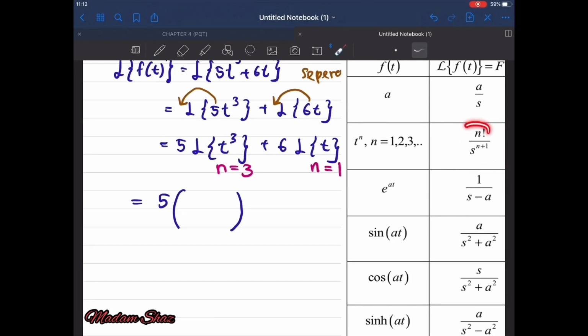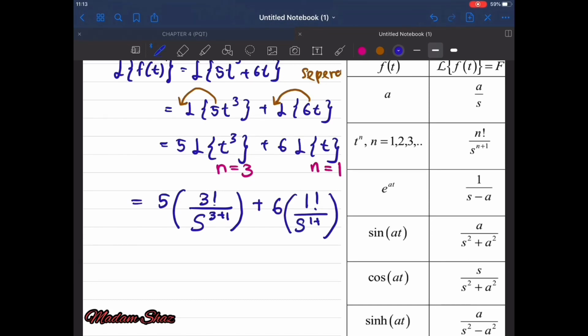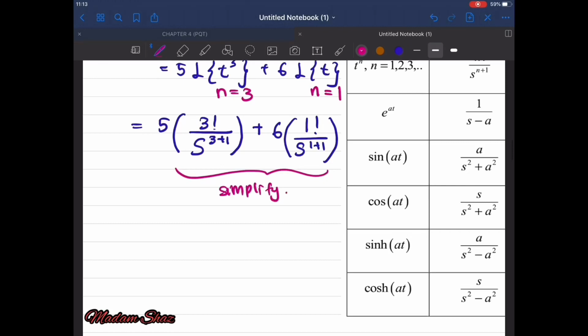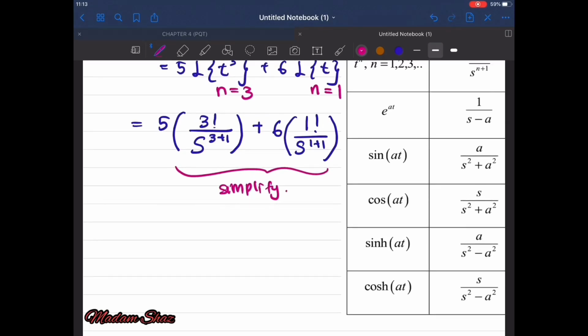You substitute our n here, so n is equal to 3: 3 factorial over s to the power of 3 plus 1, plus, for the second Laplace transform, 6 L{t}, where n is equal to 1: 6 multiplied by 1 factorial over s^(1+1). Now simplify any numbers that you can multiply, which is 5 multiplied by 3 factorial, and 6 multiplied by 1 factorial.